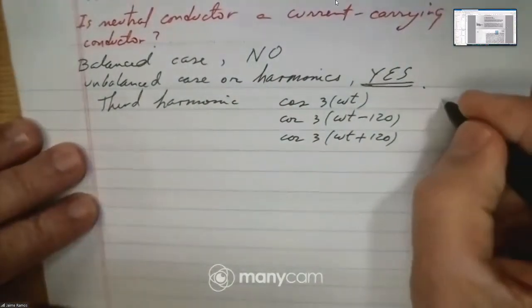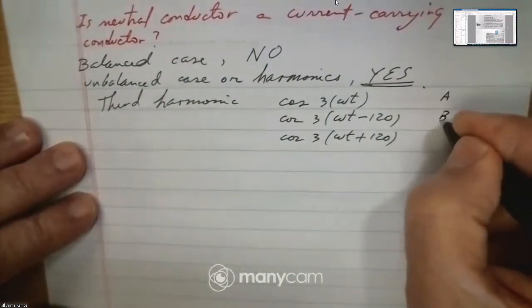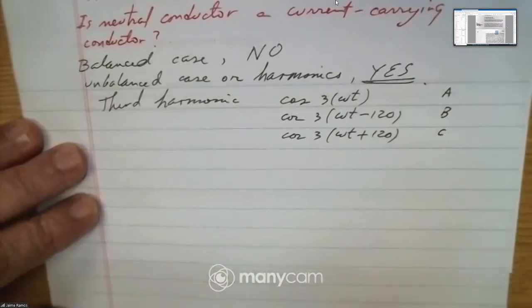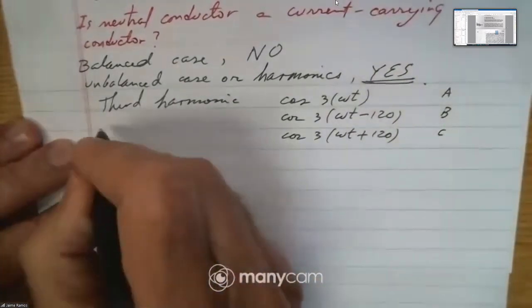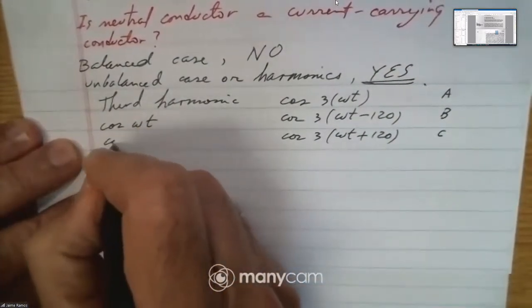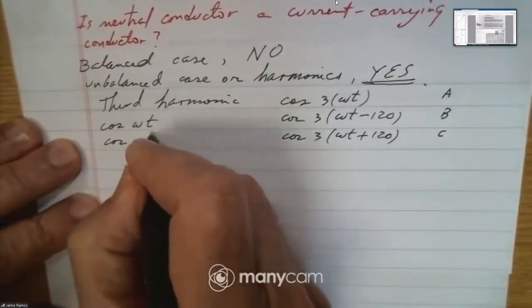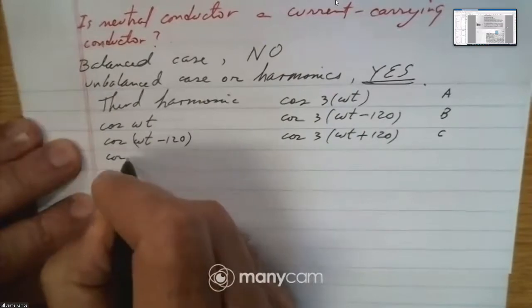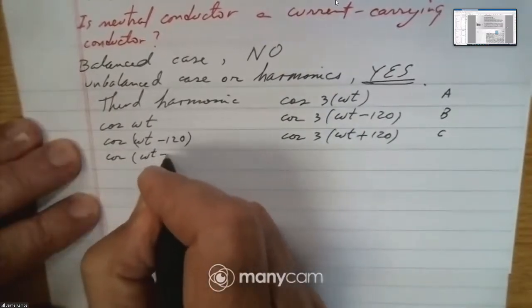So this is A, B, C. Under normal conditions, without harmonics, we have cosine omega t, cosine omega t minus 120, cosine omega t plus 120.